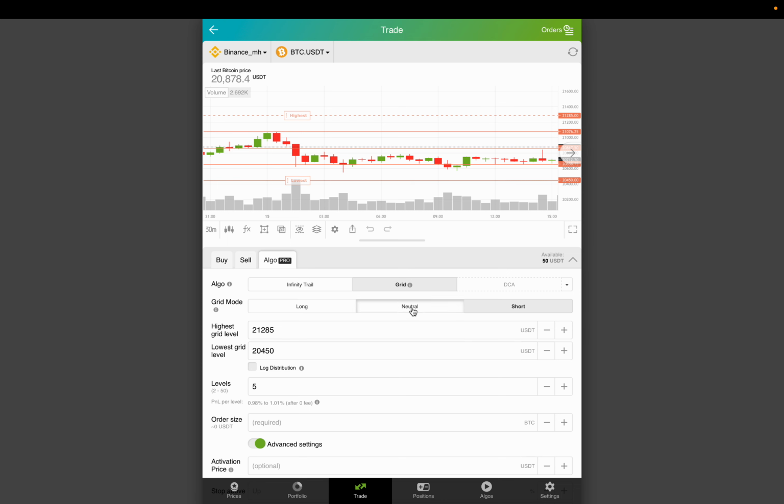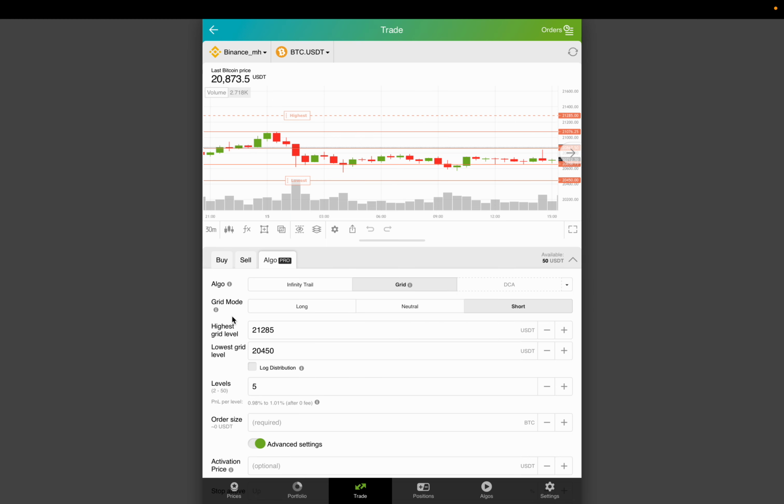So to recap, on spot exchanges, if you place a neutral grid, you'll need both base and quoted currency for the sell and buy orders. If you place a long grid, you will only need quoted currency, so USDT or BUSD or whatever it's quoted in. And with a short grid, you only need the base currency, BTC for example in this case.